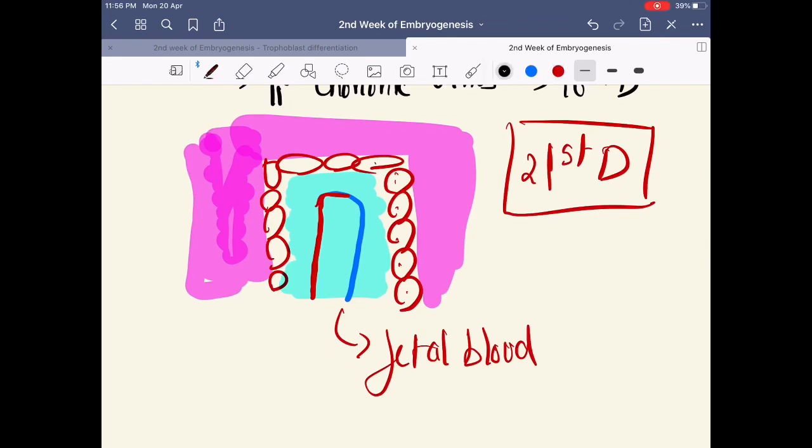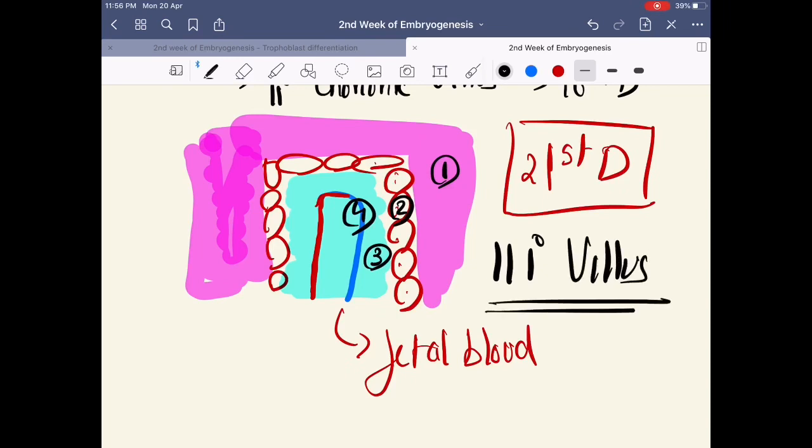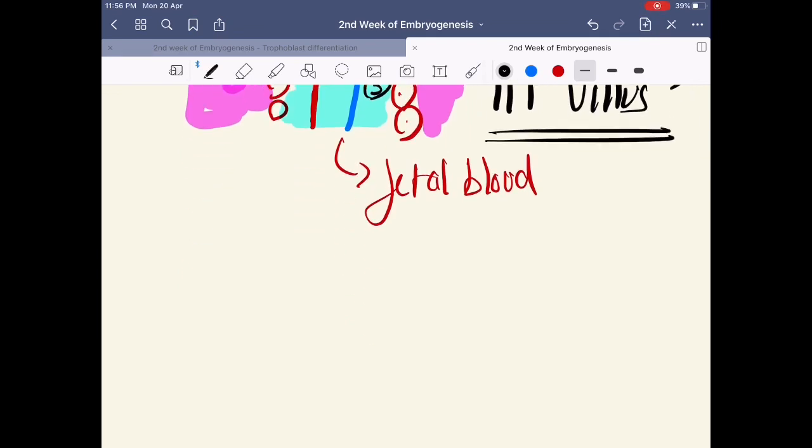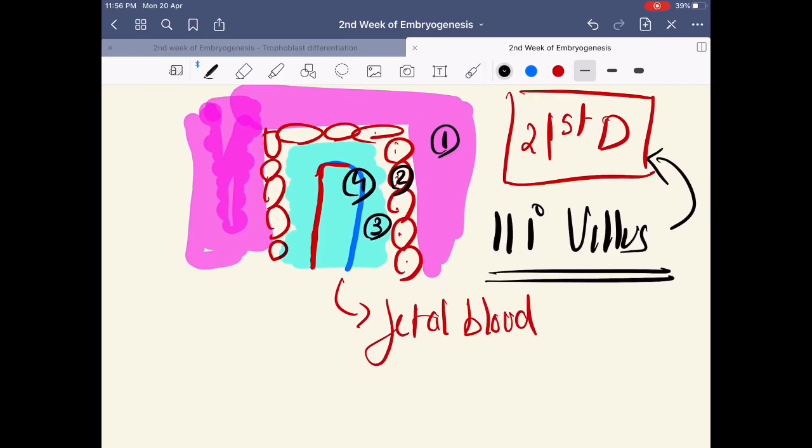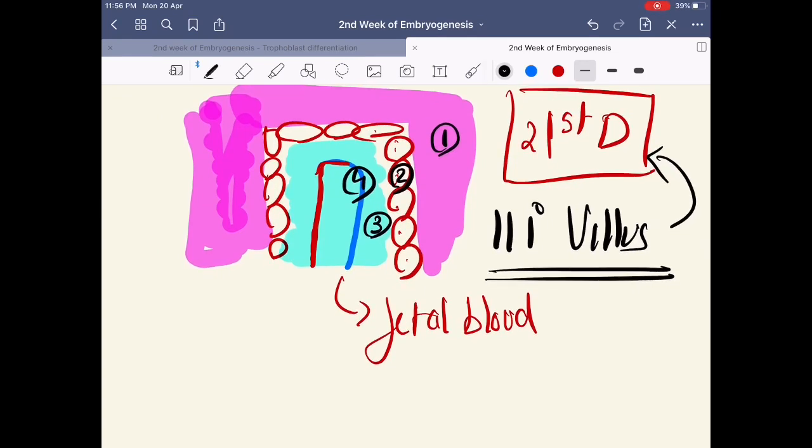This is your layer 1, the cytotrophoblastic layer is layer 2, the extra embryonic mesoderm is layer 3, and the blood vessels form layer 4, which are going to form your tertiary villus. The tertiary chorionic villi are formed on day 21 and beyond of fertilization. Clear? That is towards the end of the third week. You have got the formation of the tertiary villus.